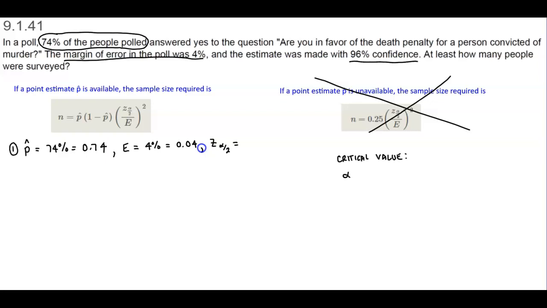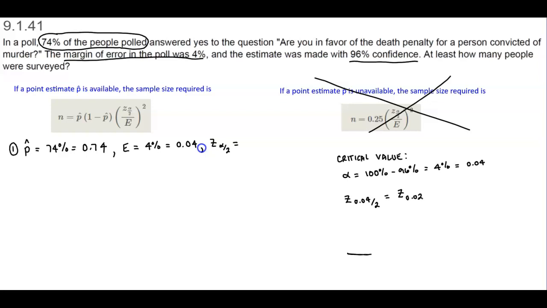So alpha equals 100% minus 96%, which gives us 4%, and as a decimal that is 0.04. So now that we know alpha, we need z sub alpha divided by 2. So 0.04 divided by 2 gives us 0.02.